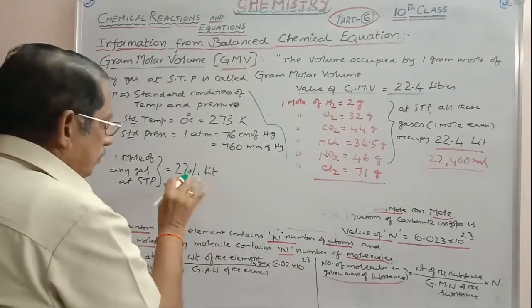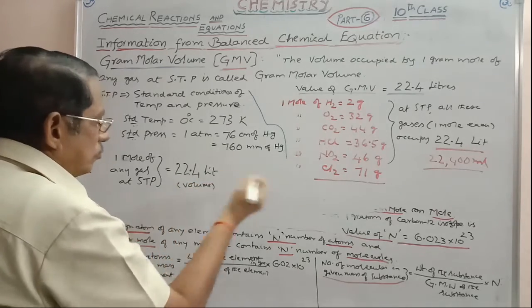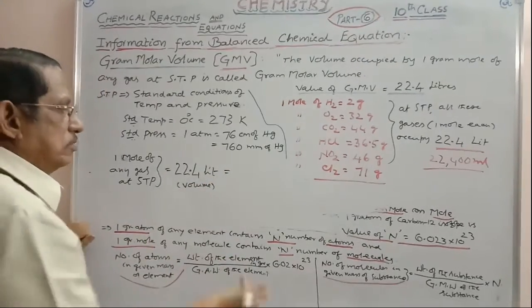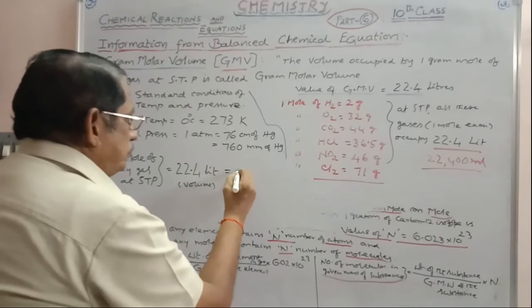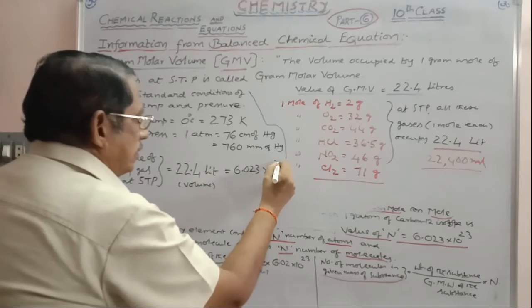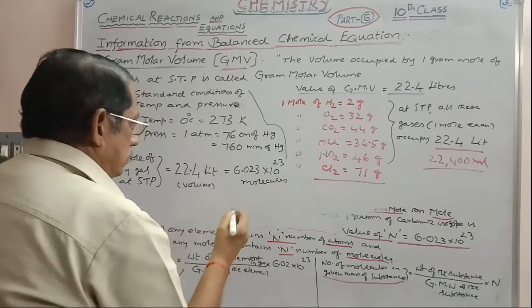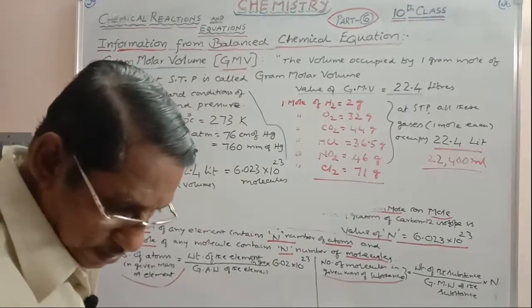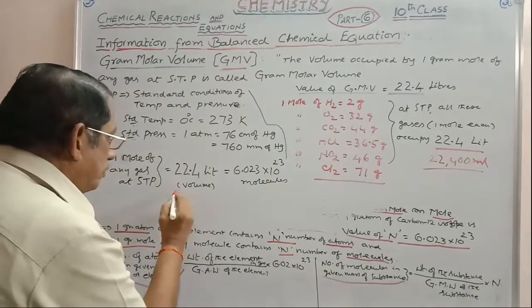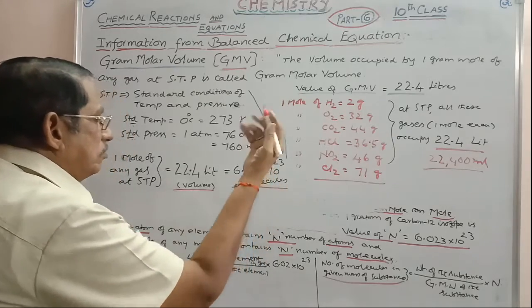So if you convert this volume into molecules, what is the number of molecules here? 6.023 into 10 to the 23 molecules. So this relation you have to remember once again. 22.4 liters volume is equal to 6.023 into 10 to the 23 molecules.